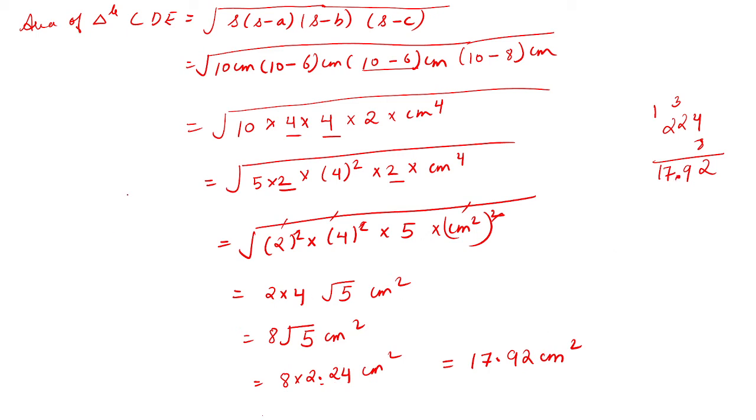So that means we have found out the area of triangle CDE. Now you look at this. What is this triangle? You look at this diagram. So you're left with this, right? This, and this is the diagonal. You see the diagram.